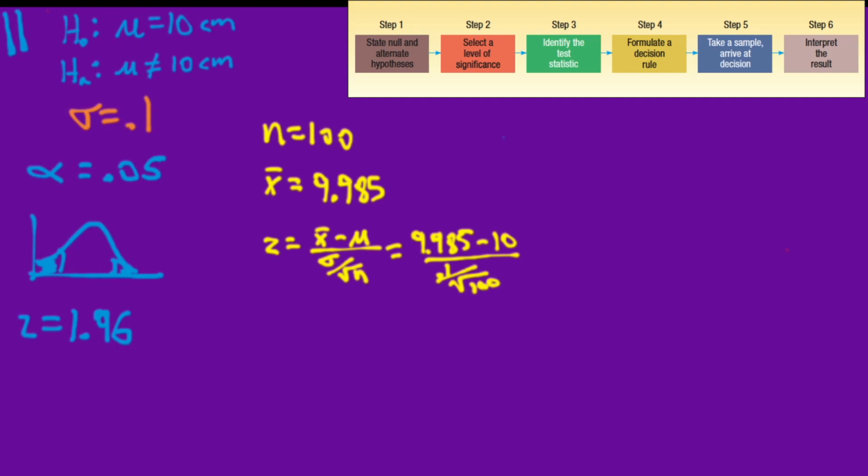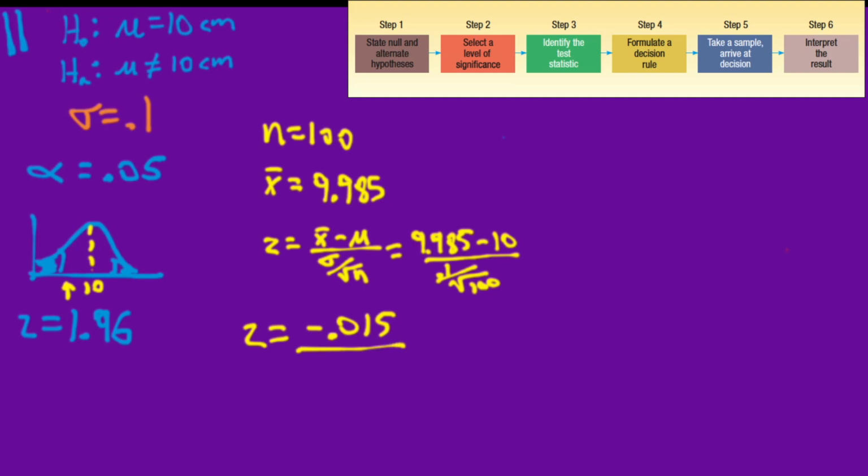Okay, and so again, what we've basically found is a value, 9.985, and we're comparing it to 10, and what we're trying to find out is where along the distribution that falls. And is that going to fall into the rejection region? So let's finish crunching this. This gives us a numerator of negative 0.015.